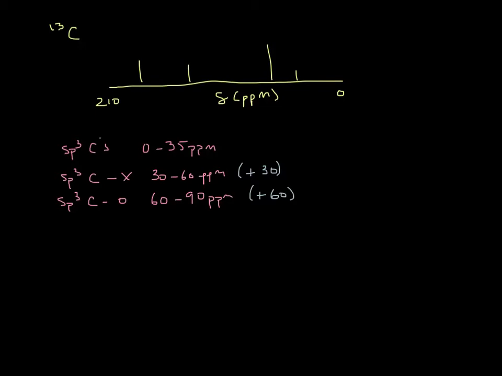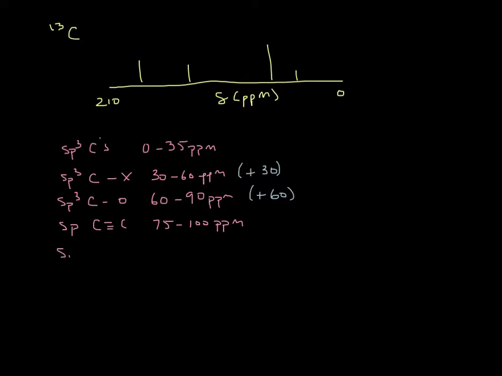You may remember that carbons in a triple bond are next on the scale. So an sp carbon, which is a carbon in a triple bond, appears somewhere in the range of about 75 to 100 ppm. We don't worry about substituents in this case, so I'm not going to worry about a plus 60 for having multiples of them or anything like that.